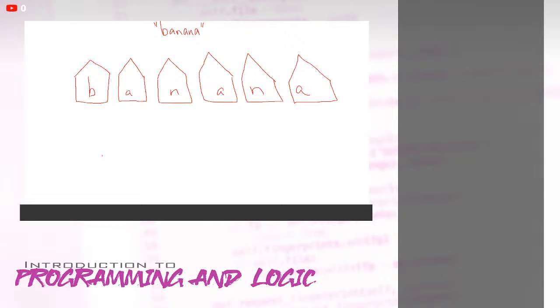And so the thing about a house, right? Every house also has something else. Every house also has an address, right? So if we say that all of these characters that are a part of this string live in a house, then all of these houses have to have an address, and that address in relation to our string is the index location.